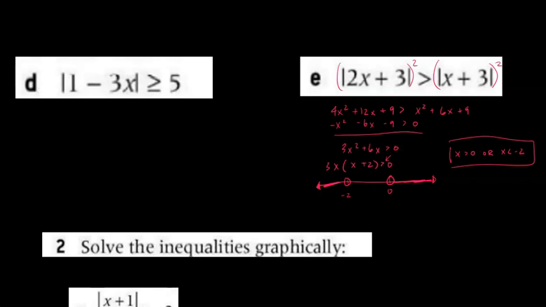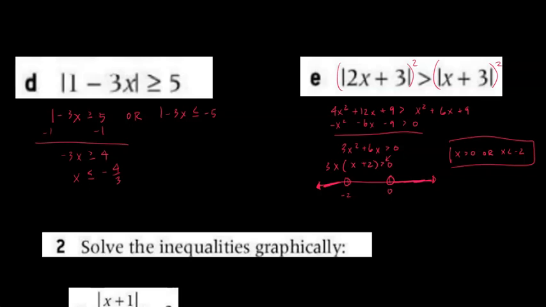Okay, so once again, we have the absolute value. 1 minus 3x is greater than or equal to 5, or 1 minus 3x is less than or equal to negative 5. So we have a negative 1, negative 1, negative 3x is greater than or equal to 4, and x is less than or equal to negative 4 over 3.